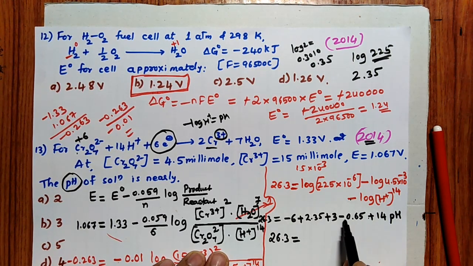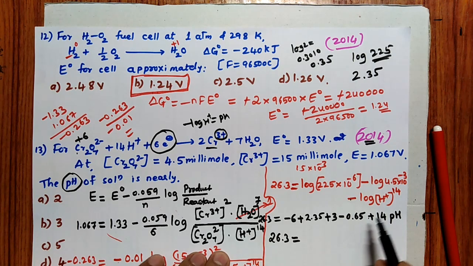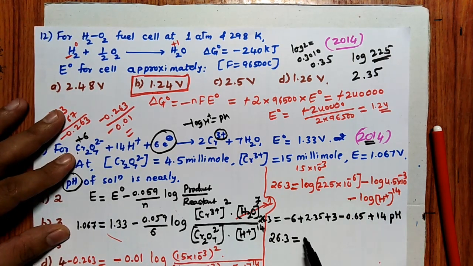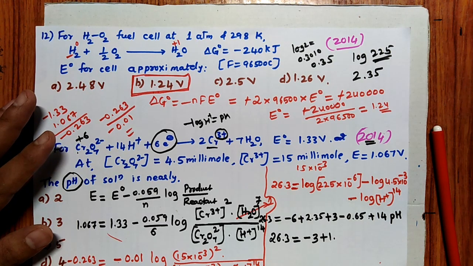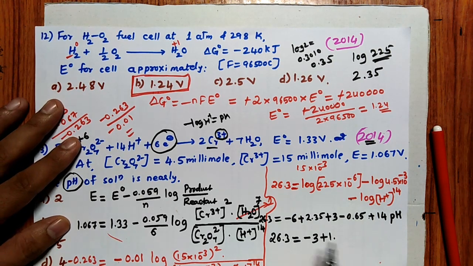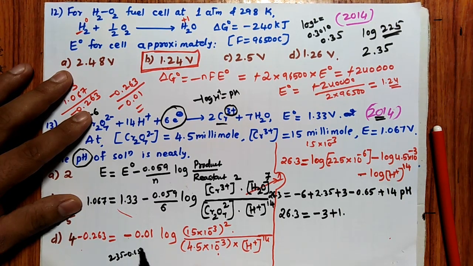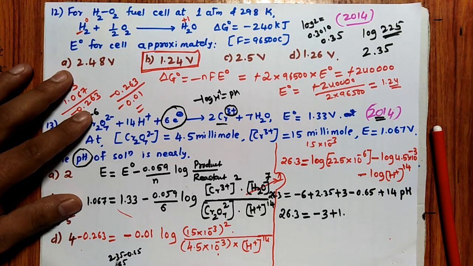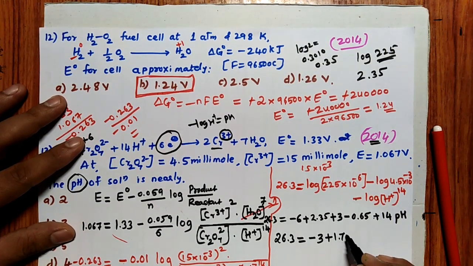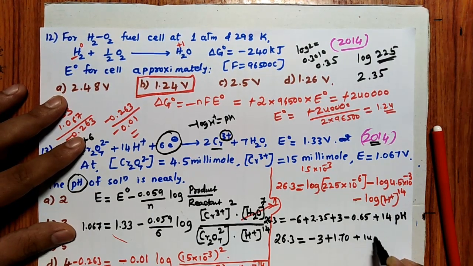So 2.35 minus 0.65 means around 1.7 you will get, right? 1.7. So minus 3 plus 1.70 plus 14 pH.